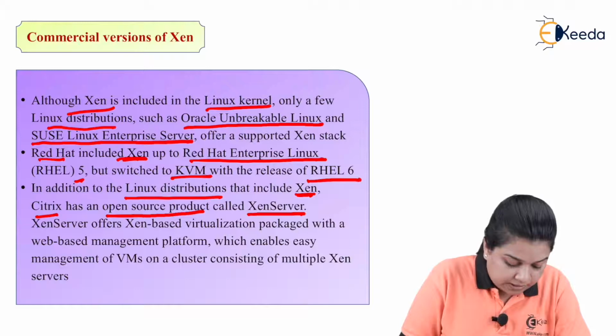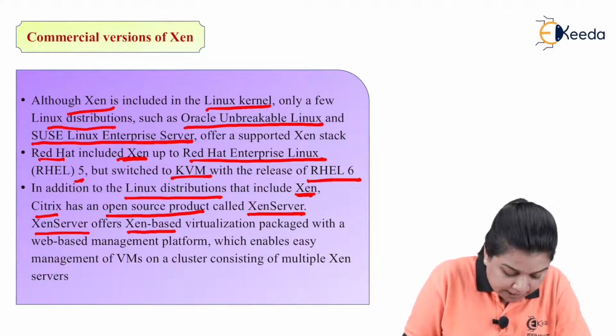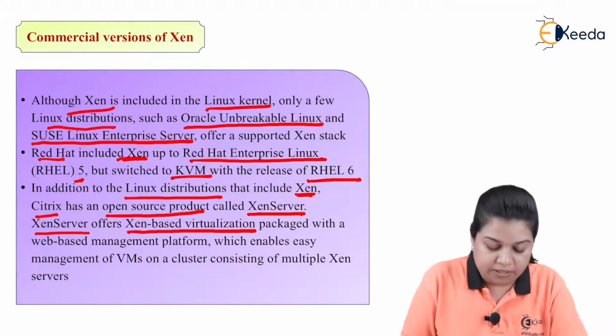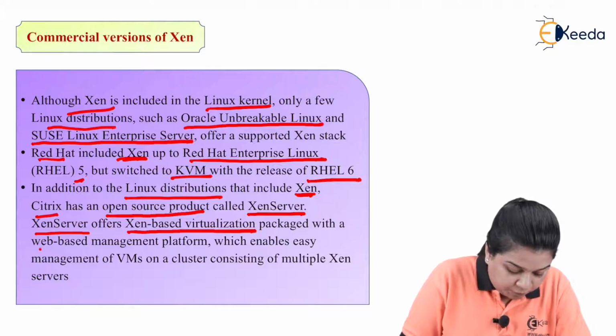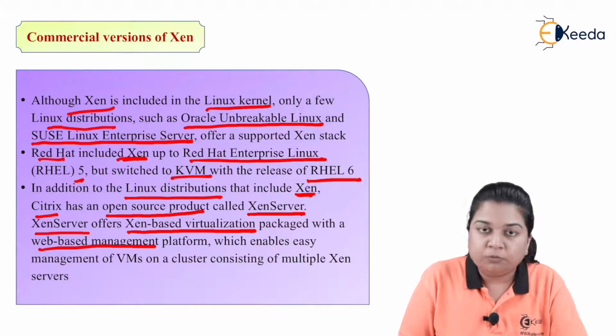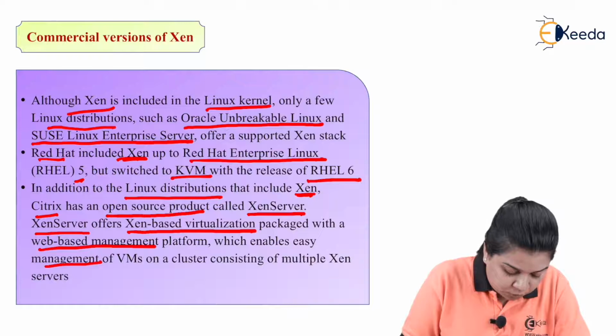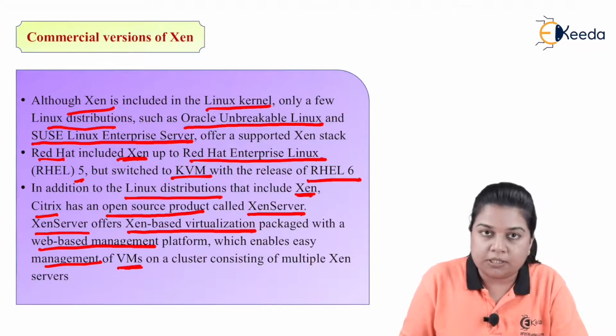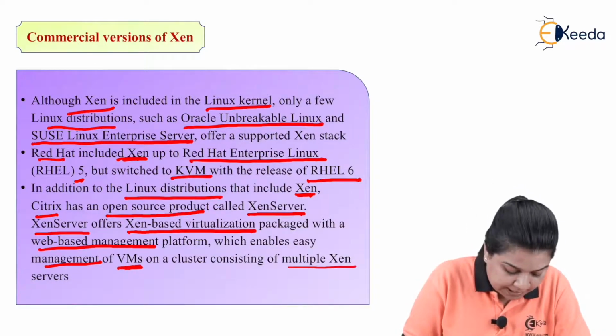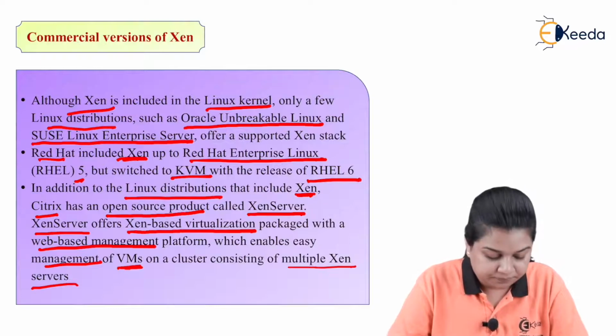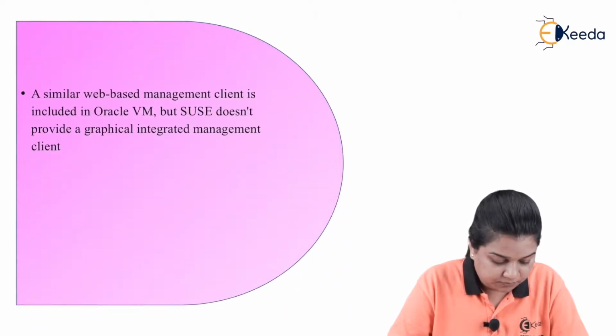In addition to the Linux distributions that include Xen, Citrix has an open source product called XenServer. Here, XenServer offers Xen-based virtualization packaged with a web-based management platform which enables easy management of virtual machines on a cluster consisting of multiple Xen servers.